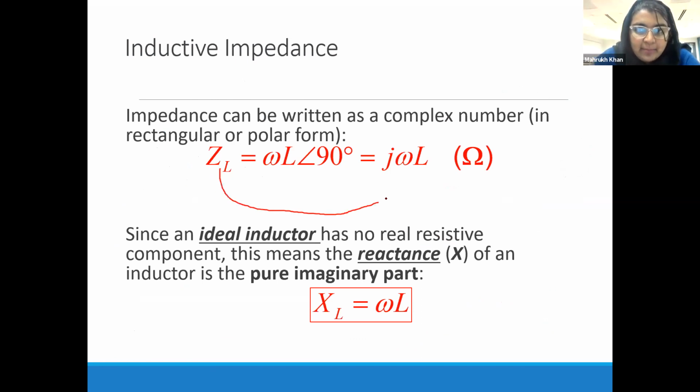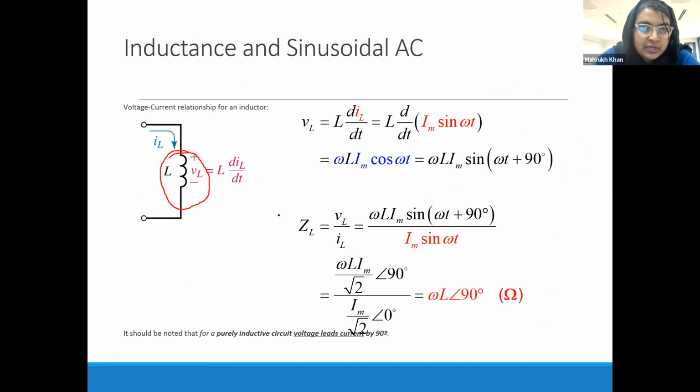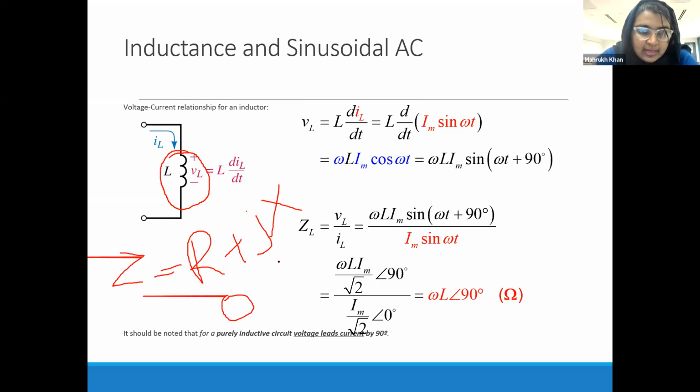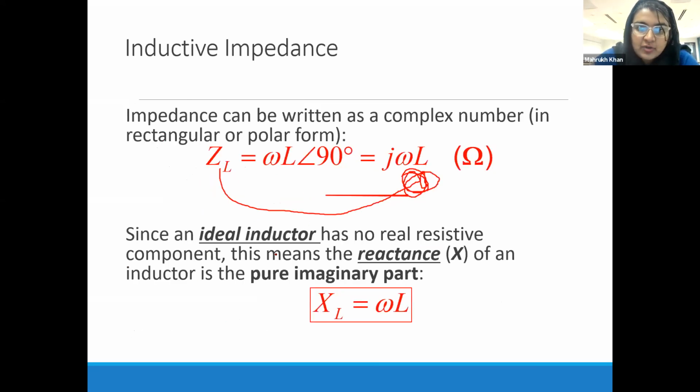Inductor impedance is j omega L. So if this inductor is in the circuit, then Z is equal to R plus jX. Now your R is 0, so you have only jX, which, as you have seen, is actually j omega L.